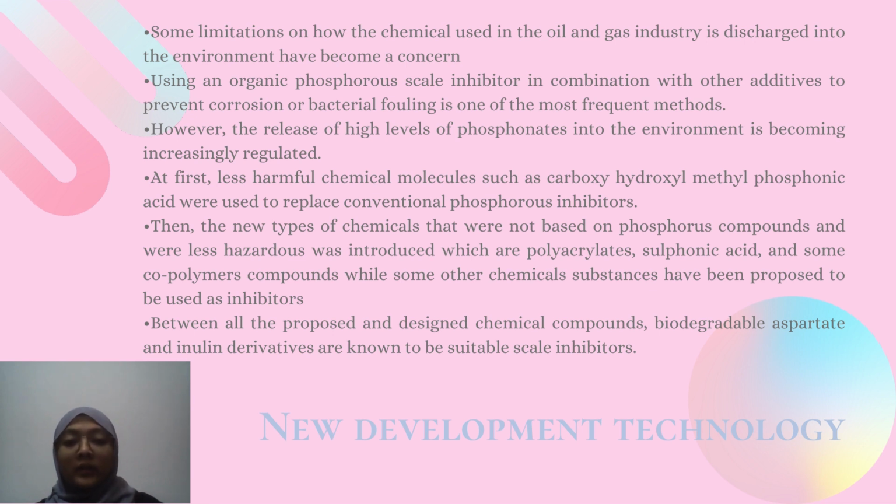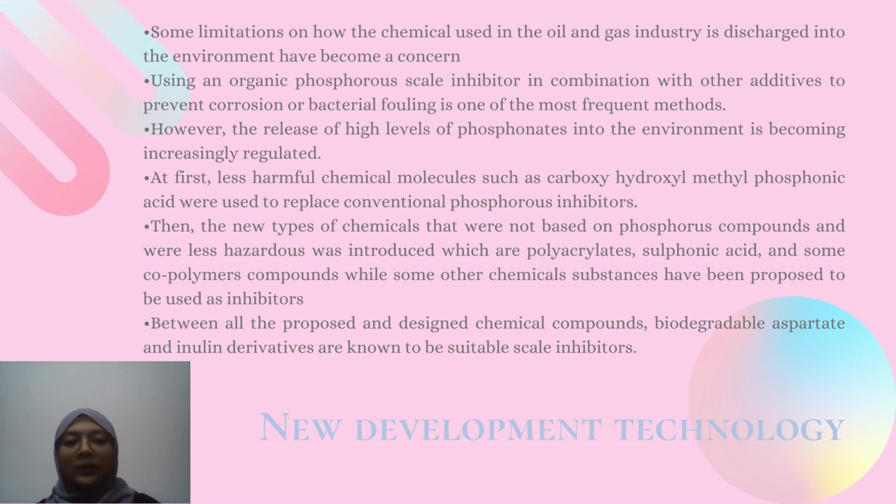However, the release of high levels of phosphonate into the environment is becoming increasingly regulated. At first, less harmful chemical molecules such as carboxyl hydroxyl methane phosphonic acid were used to replace conventional phosphorus inhibitors.